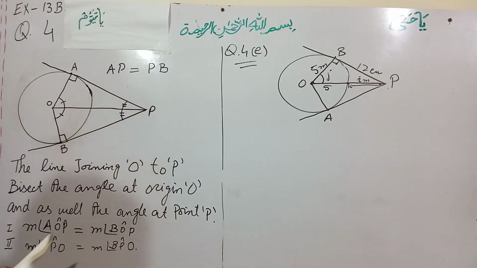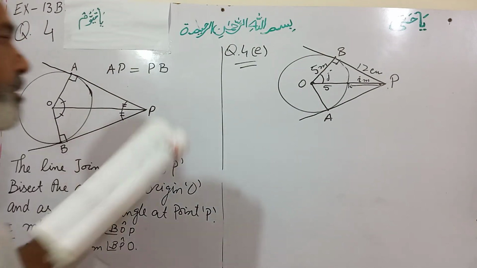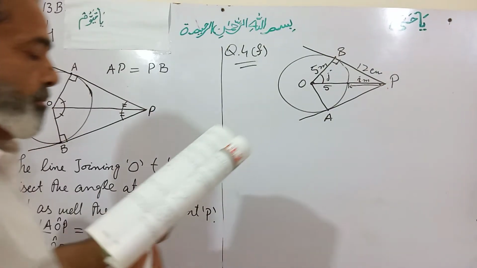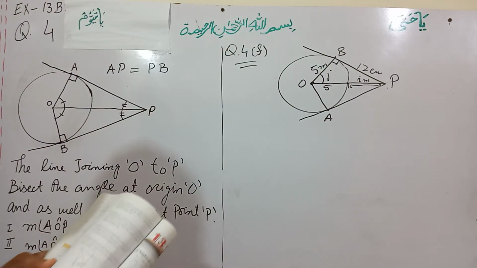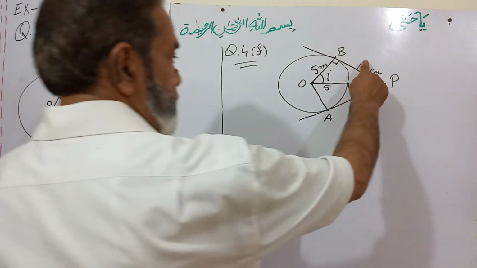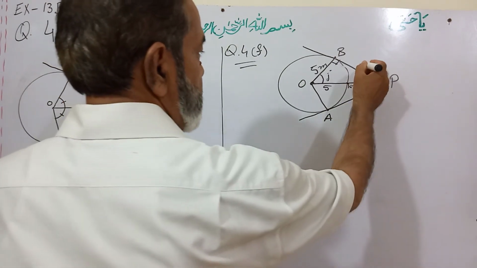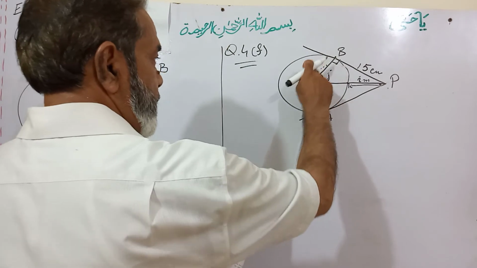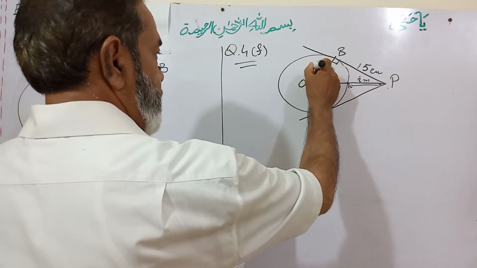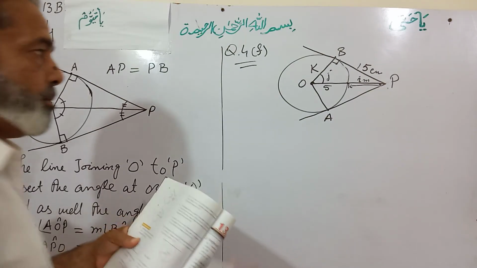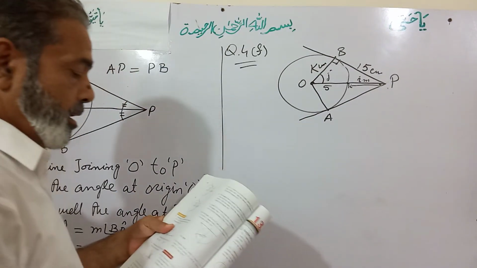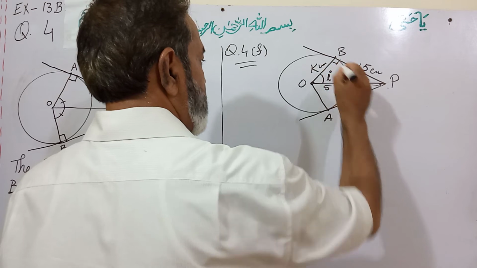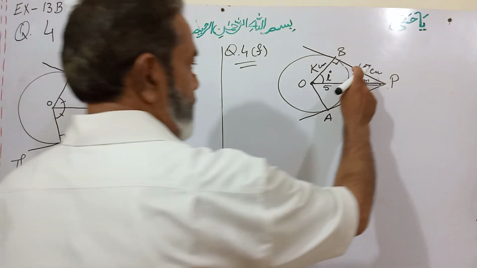In this F part, he has given BP 15 centimeters, and this is K centimeters, and this is L degrees, not J now, and this length is 7 now.